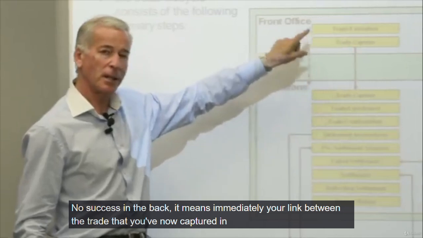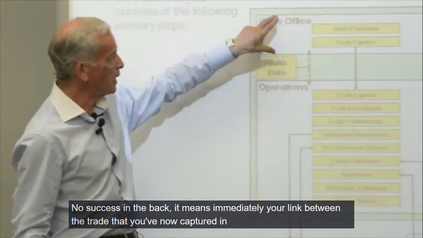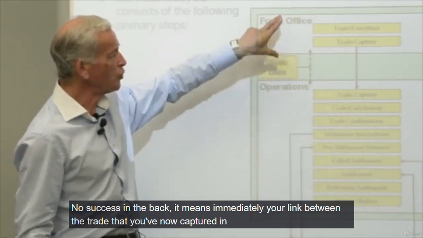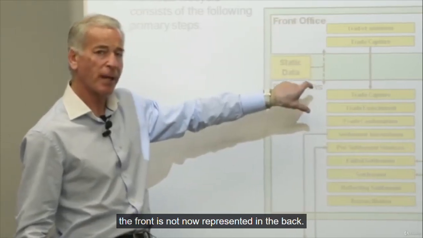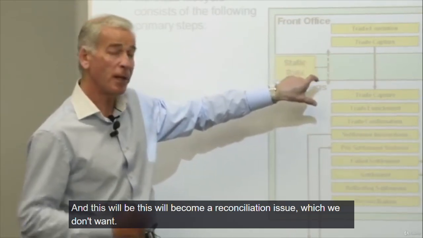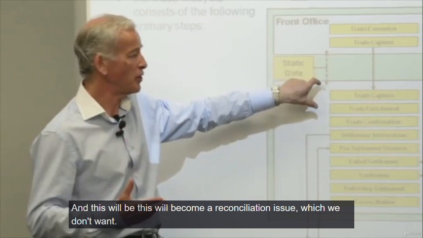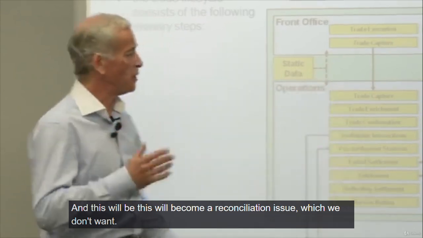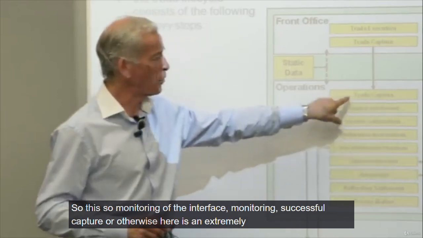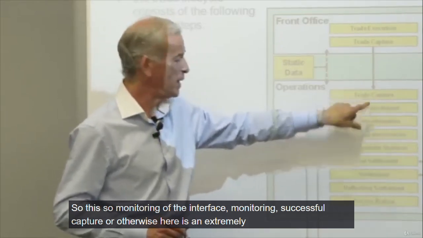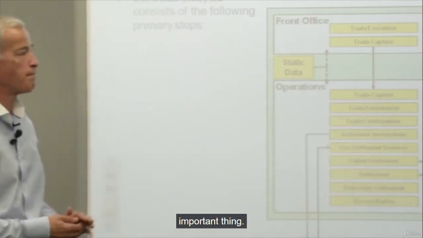It means immediately your link between the trade that you've now captured in the front is not now represented in the back, and this will become a reconciliation issue, which we don't want. So monitoring of the interface, monitoring successful capture or otherwise here is an extremely important thing.